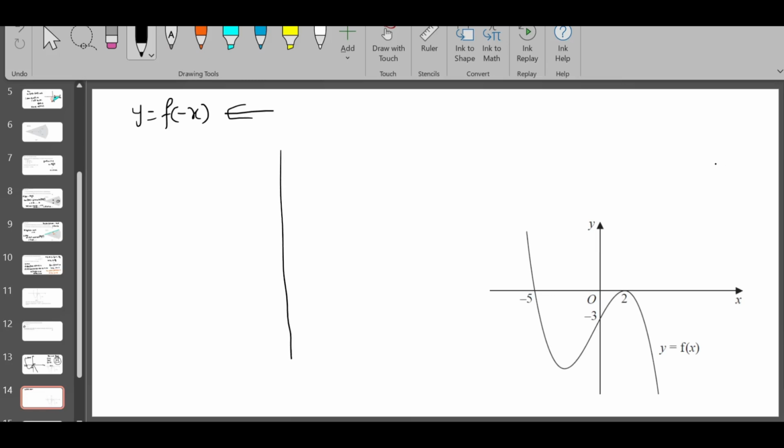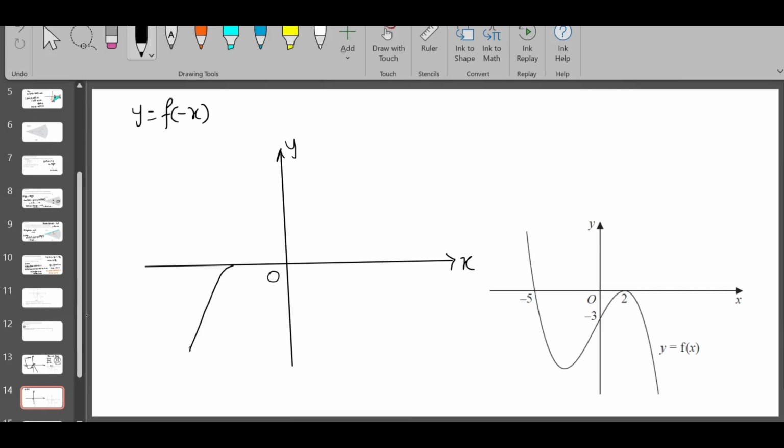Draw the y-axis, x-axis, and label the axis first. Always label the axis and the origin. I'm going to flip it, so the graph is going to be something like this.